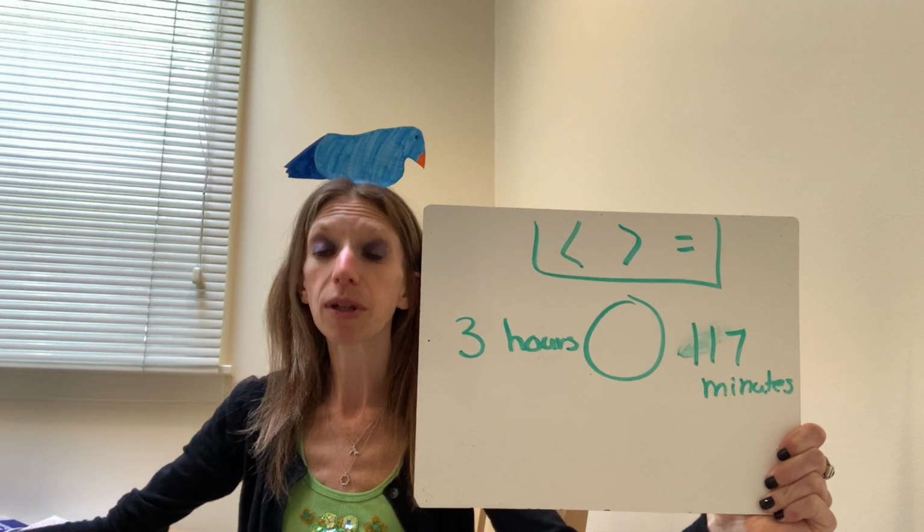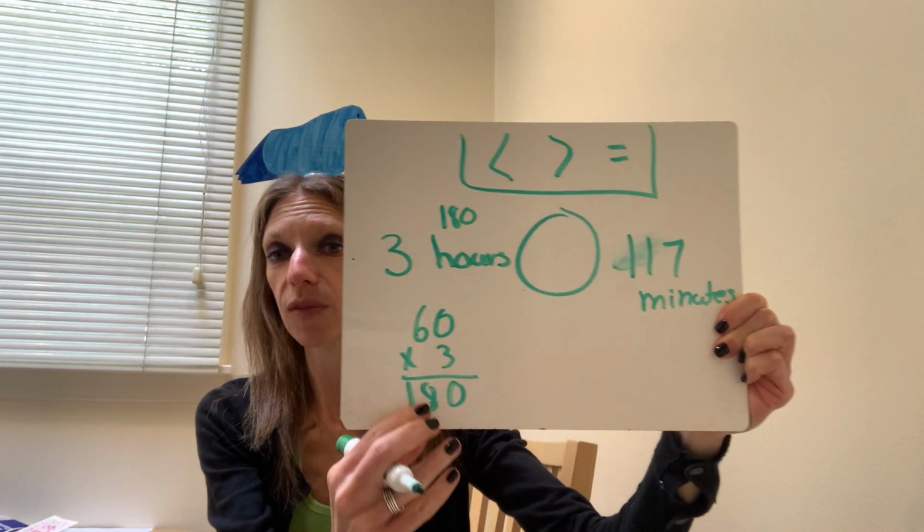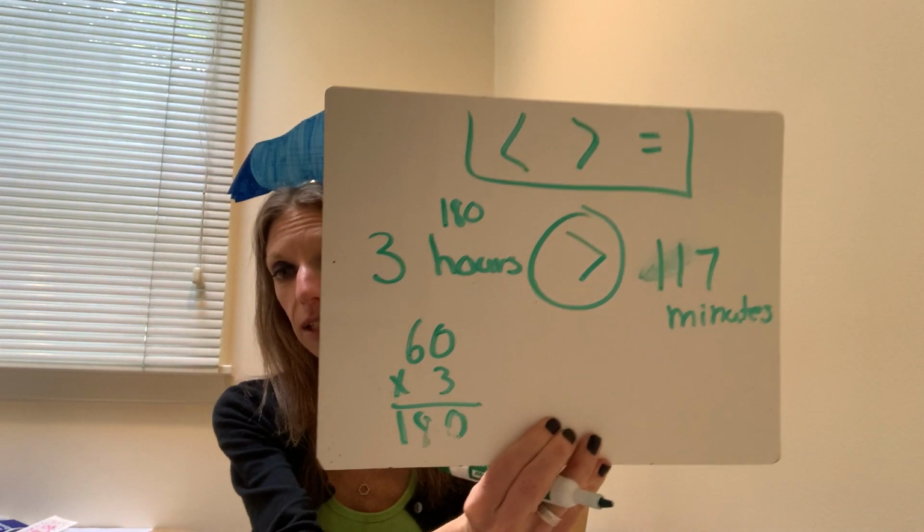So what do we need to do? 60 times 3. 3 times 0 is 0, 3 times 6 is 18, we get 180. So 3 hours is really 180 minutes, which is greater than 117. So 3 hours is greater than 117 minutes. So remember, you have to take your larger unit and convert it to the smaller unit.